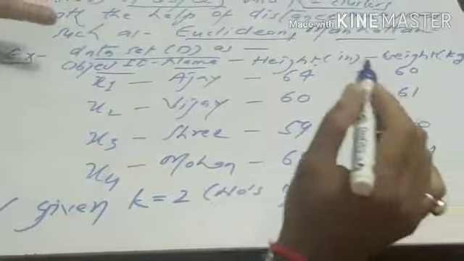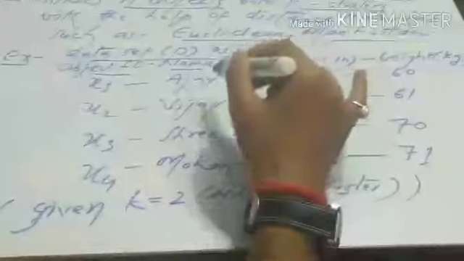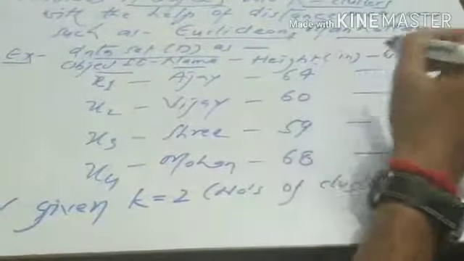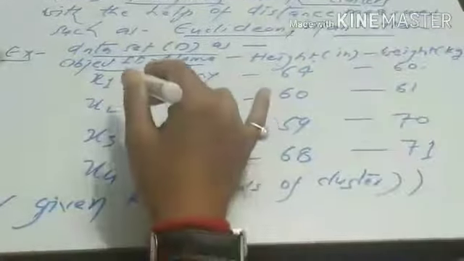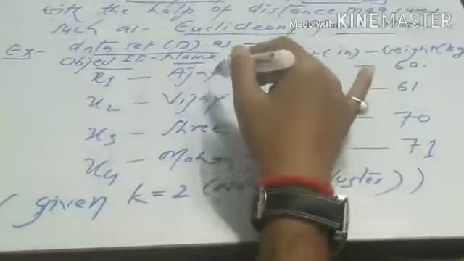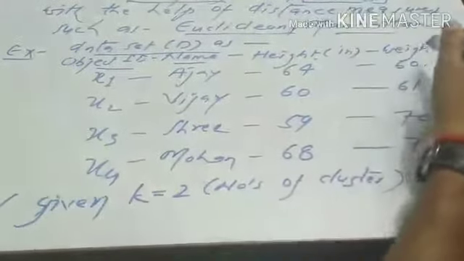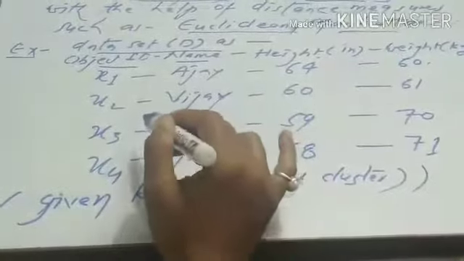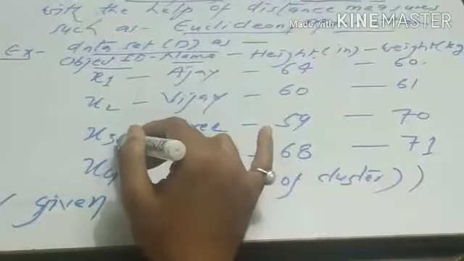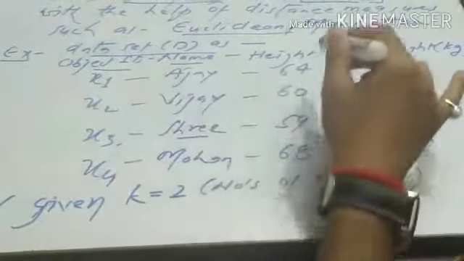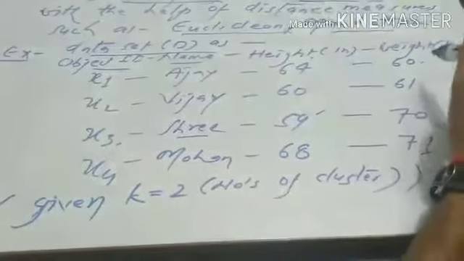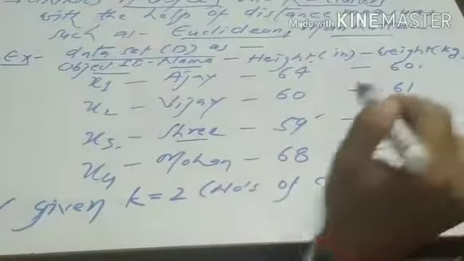These are x1, name Ajay, height 64 and weight 60. Another object is x2, name Vijay, height 60 and weight 61. Then x3, name Shri, height 59 inch and weight 70 kg.